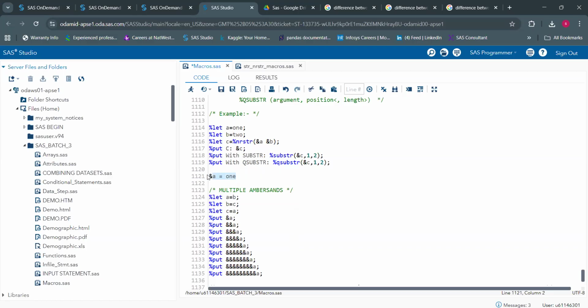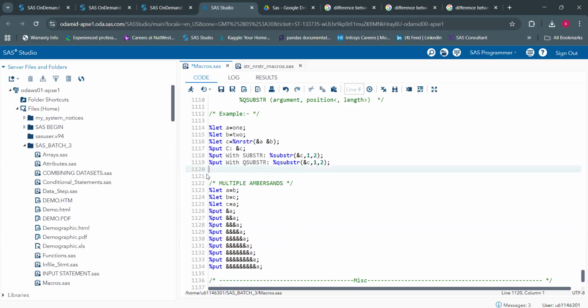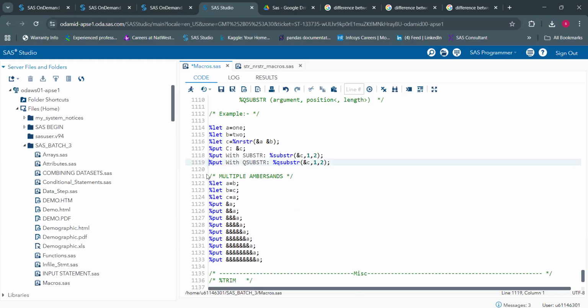So I told you, that is the drawback of substring. When you have special characters like ampersand or percentages, it internally resolves again to the available value in the current session. In order to avoid those scenarios, we use Q substring.